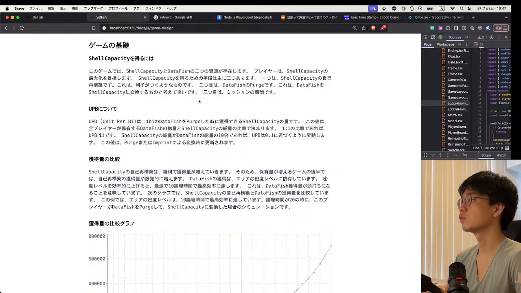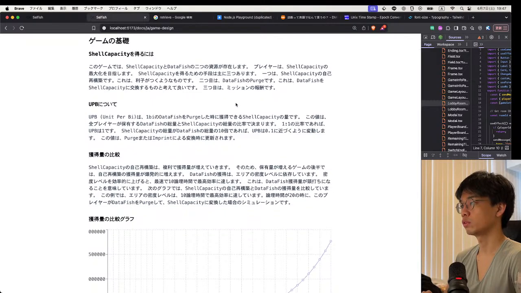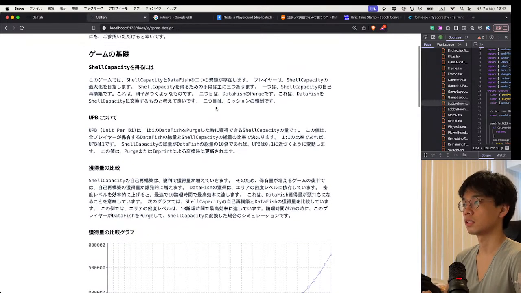The first one is shell capacity self recomposition, like interest. The second is to parse data fish, like exchanging data fish to shell capacity. And the last one is reward of mission.